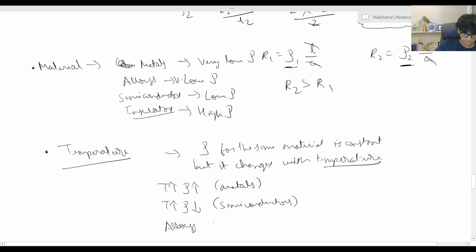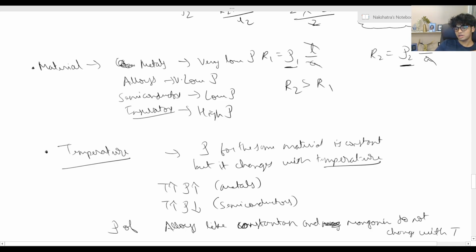Certain alloys like constantan and manganin do not change with temperature. Rho of alloys like constantan and manganin do not change with temperature.